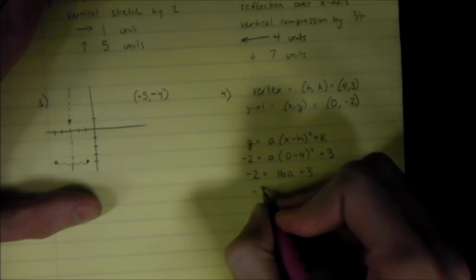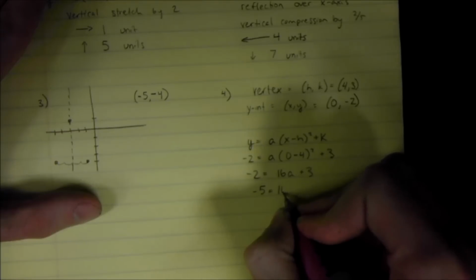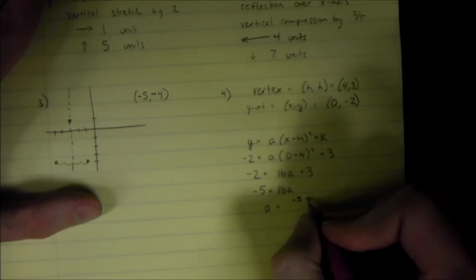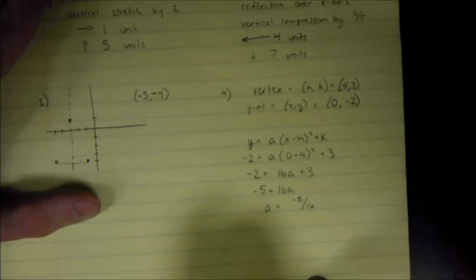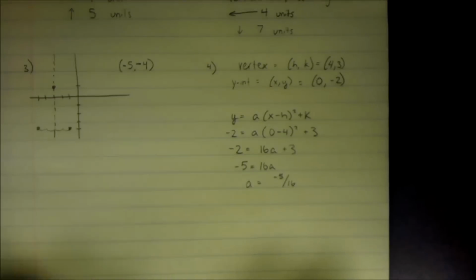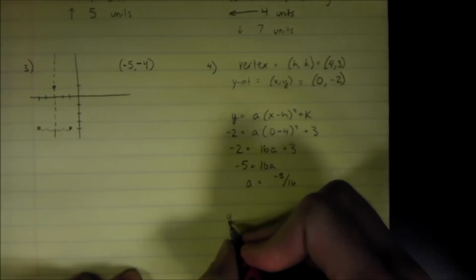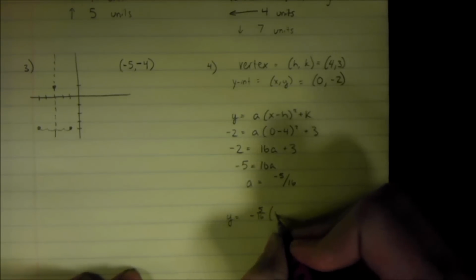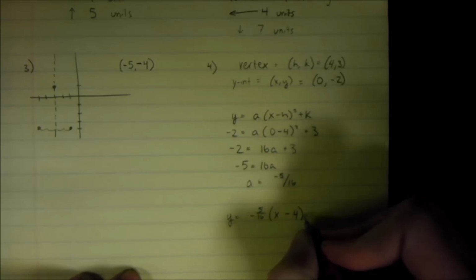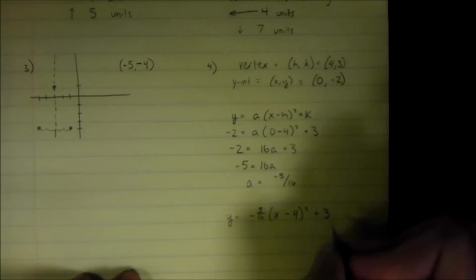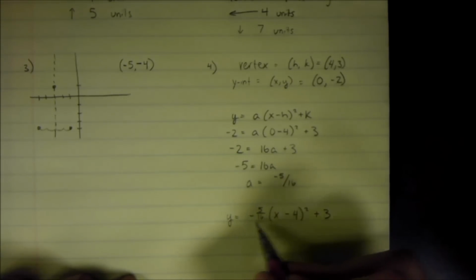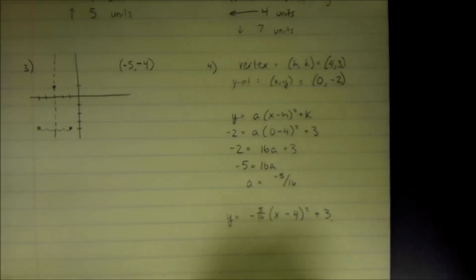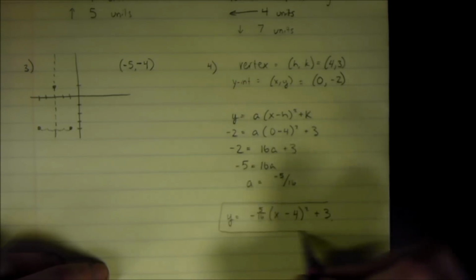Moving the 3 over by subtracting it, and then dividing by 16, a would be -5/16. So then your equation in vertex form would be y equals -5/16 (x minus 4) squared plus 3. So you're only going to plug in a, h, and k. Leave the x and the y as variables. Okay, so there would be your answer on that one.